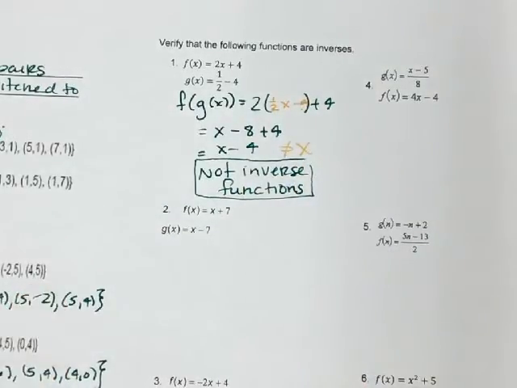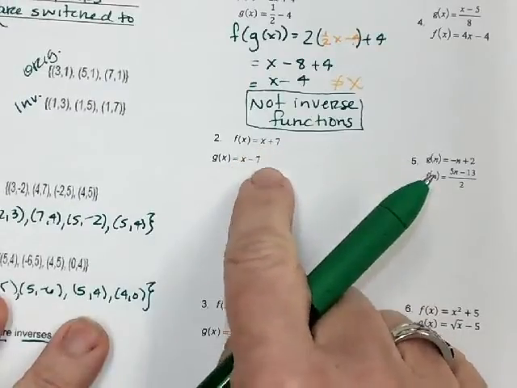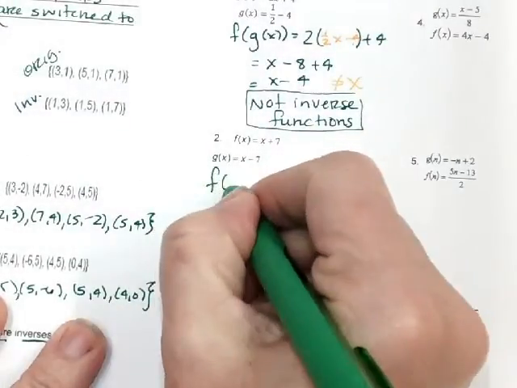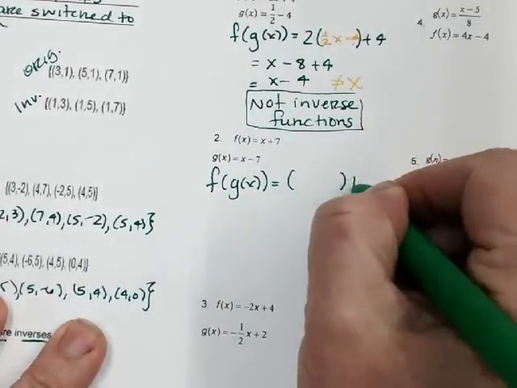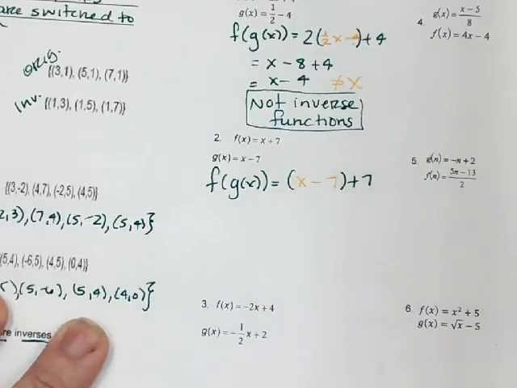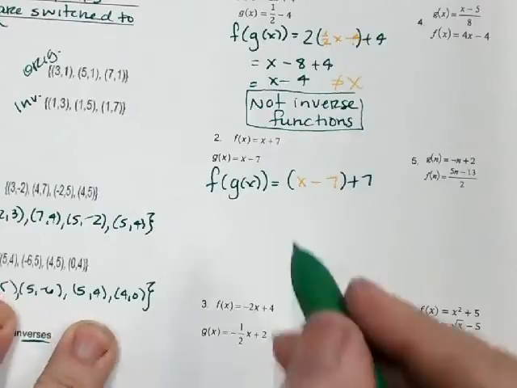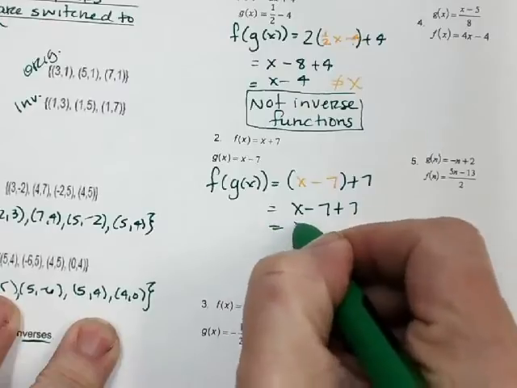Look at number 2. I've got f of x equals x plus 7, g of x equals x minus 7. If I do f of g of x, then I do x plus 7, and I plug in x minus 7. If I do my order of operations here, I can just get rid of the parentheses, and I get x minus 7 plus 7, which is just x.